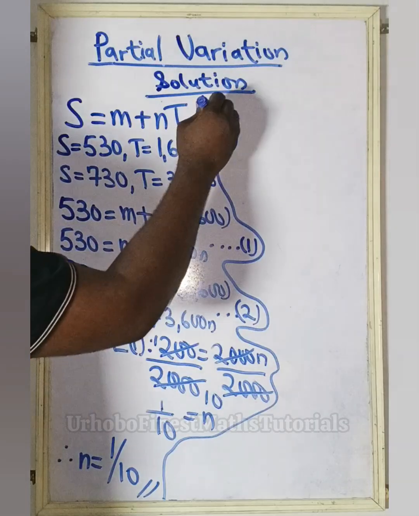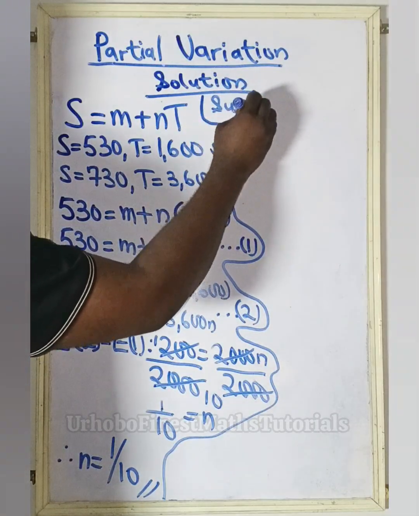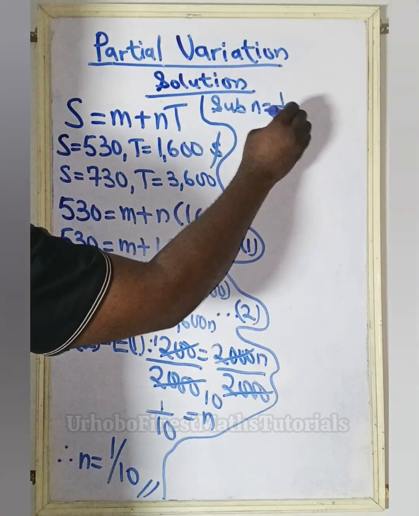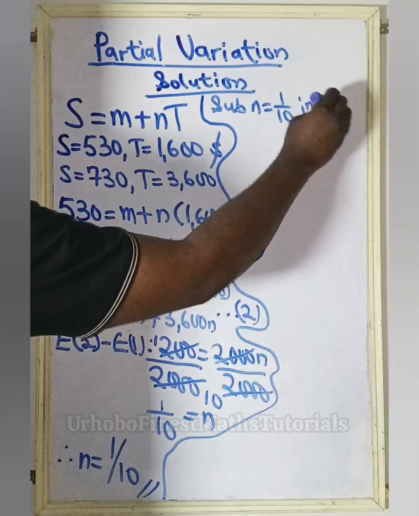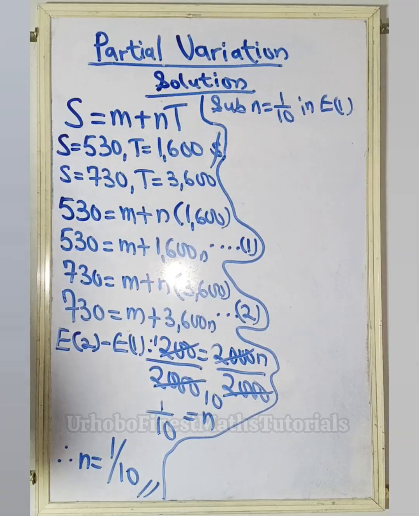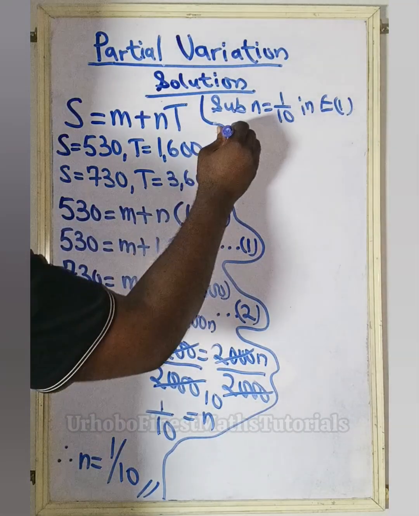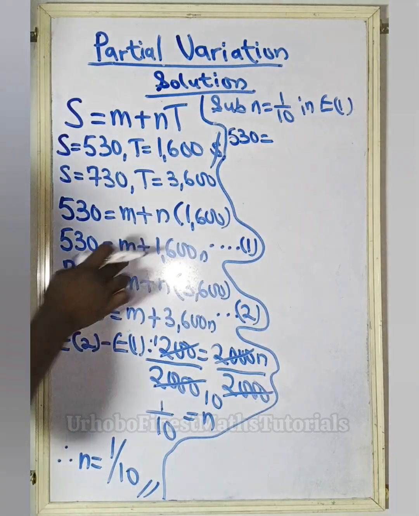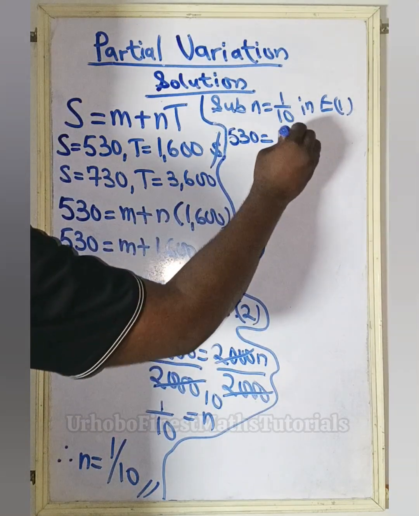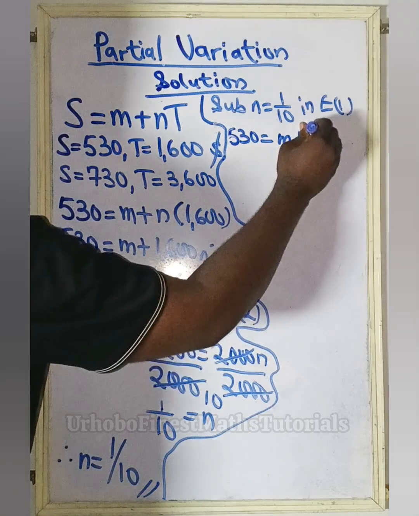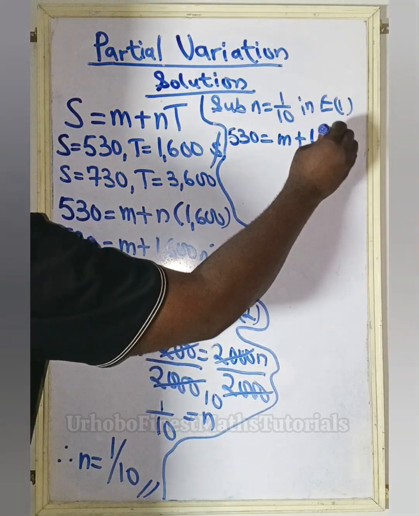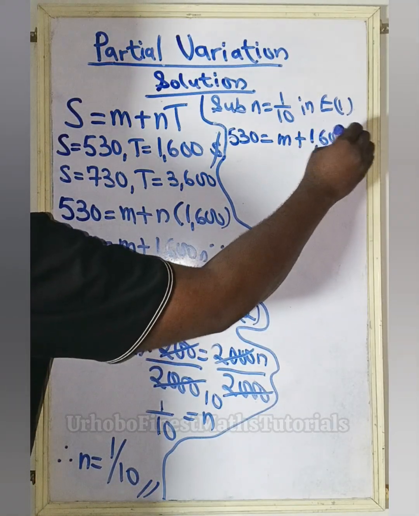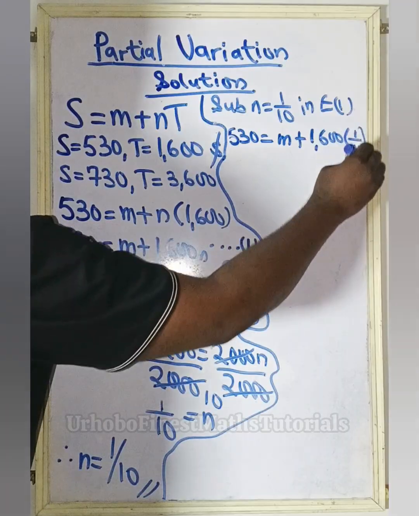So we're going to substitute n equals 1 over 10 in equation 1. That will be 530 equals m plus 1600 times 1 over 10.